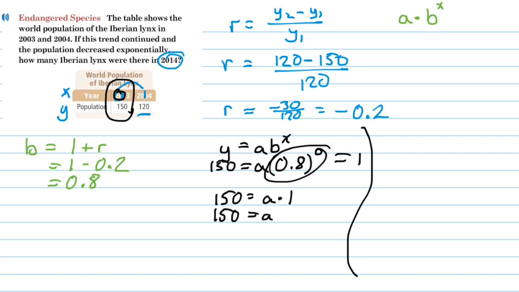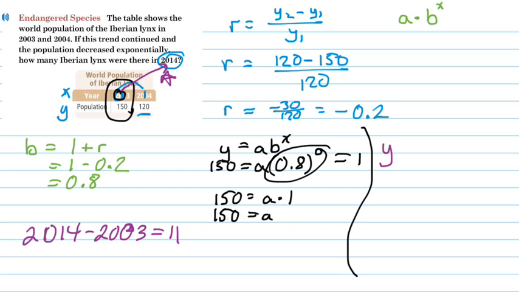Now we're going to plug in and evaluate this function with finding out what's happening in 2014. So how many years have passed from 2003 to get to 2014? So 2014 minus 2003 means that there have been 11 years that have passed.